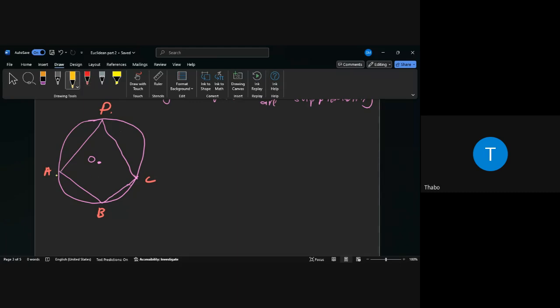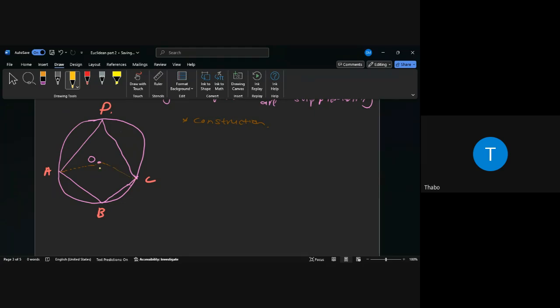So what do I do? Remember, first things first, when you prove a theorem, this is something I told you: you must do your construction first. So for this theorem, what are we constructing? We need to construct radii. From A, I'm going to construct the dotted line to O, then I'm going to construct again to C. Are we together, guys?